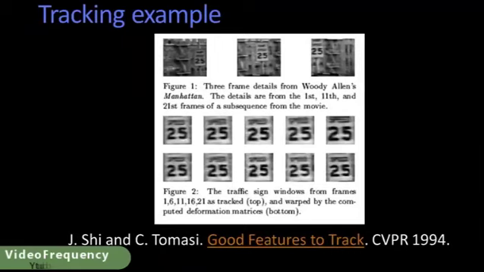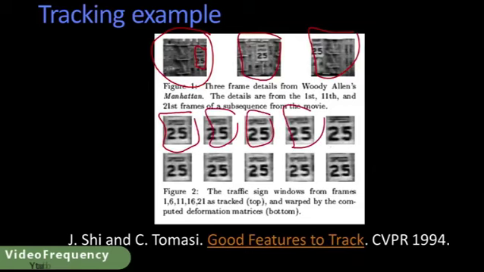And that's exhibited here. Here's an initial image, and you can see this little sign in there. It says 25 miles an hour, and here they're getting closer, and here you're zooming past. So the sign is both translating, moving to the left in the image, and it's also expanding. And here you can see the region that has been recovered through the tracking.